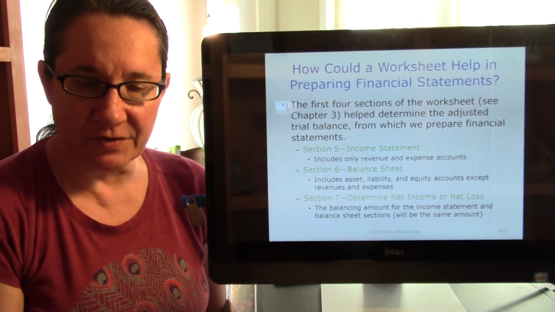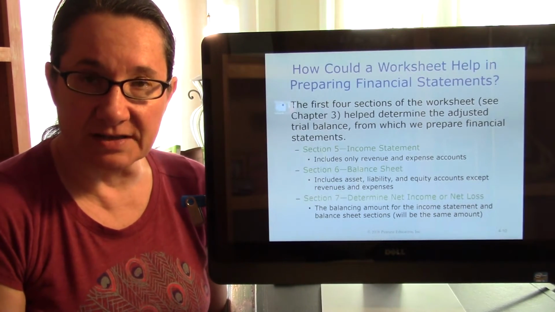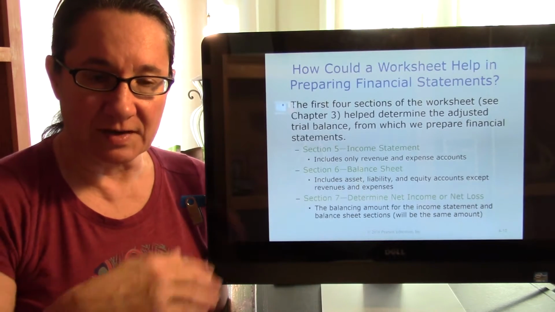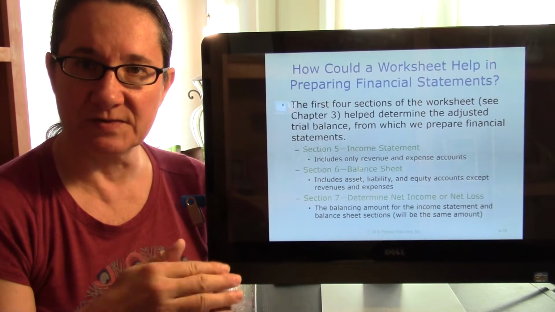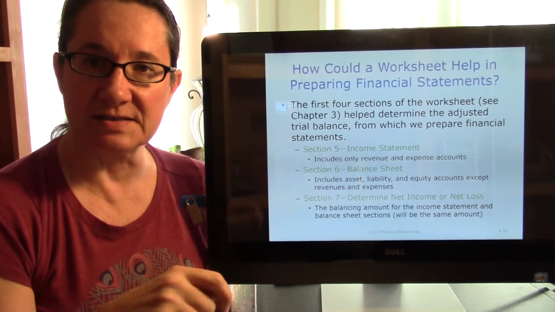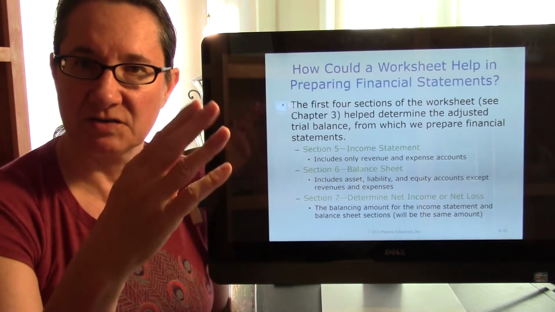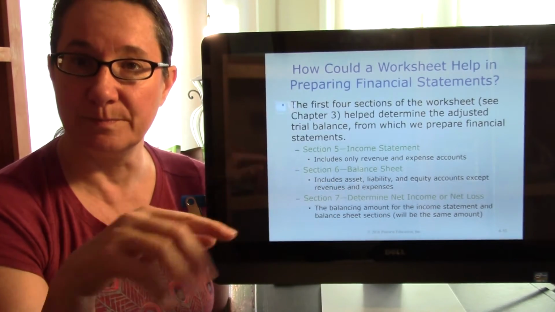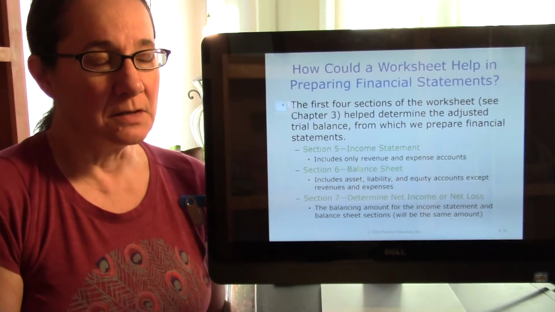So up to this point, we've been talking about the accounting cycle, and in chapters 1 and 2, we learned how to analyze and journalize transactions. We've learned that after we journalize a transaction, at some point towards the end of the month, we post those transactions to the ledger so that we can turn those chronologically listed transactions into account balances.